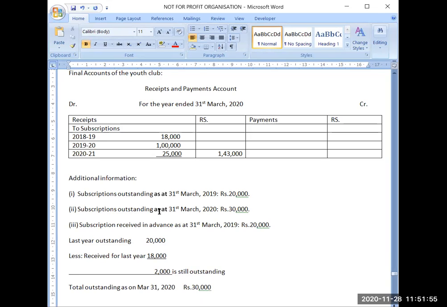If the words are here for 31st March 2020, then it will be current year outstanding. Otherwise, it may sometimes include last year outstanding also. So out of this 30,000, we will deduct 2,000 of the last year, and then we will get current year outstanding. That is 28,000.